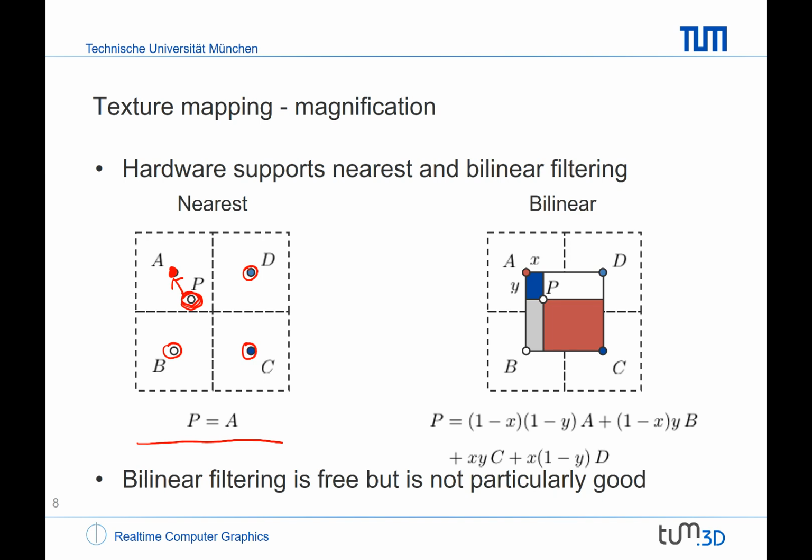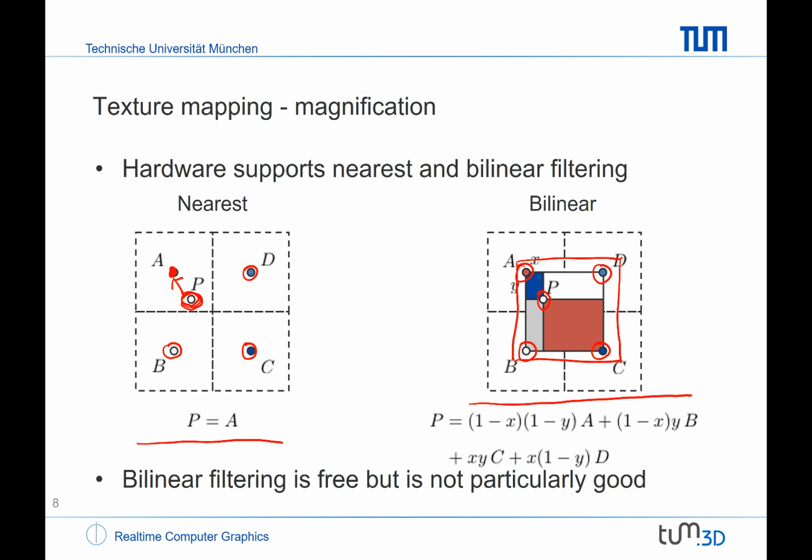In contrast to this, on the right-hand side, we have what we call bilinear interpolation. And bilinear interpolation just means the following. We can imagine it this way: we create a quadrilateral, and at the corners of that quadrilateral, we assume the values of the four texels which are surrounding that location.